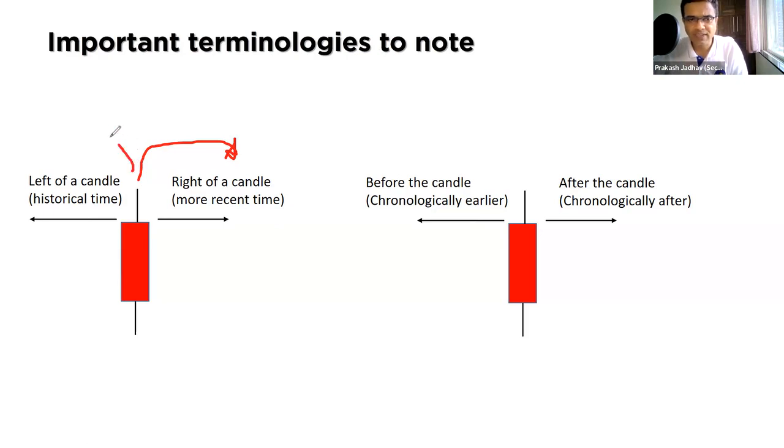Whenever we say left of the candle, we mean historical, on the left side here. There would be more candles on this side. Similarly, whenever we say after the candle, it is just like right of the candle, chronologically after. When we say before the candle, it's on the left side of the candle, that is chronologically earlier.